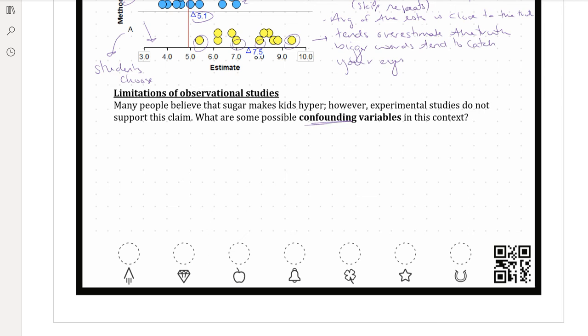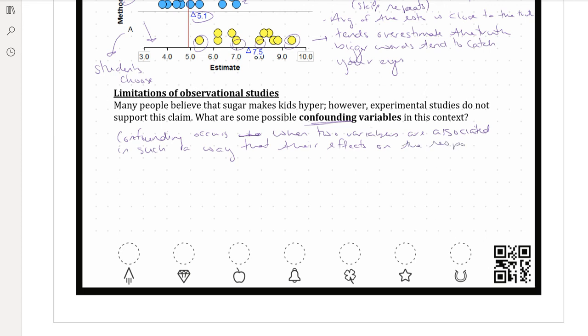So let's first describe what confounding is. Confounding occurs when two variables are associated in such a way that their effects on the response cannot be distinguished.